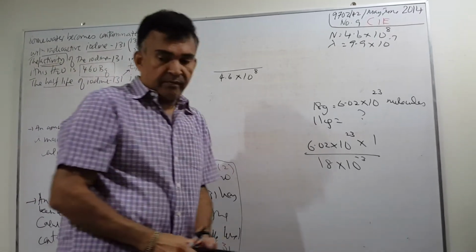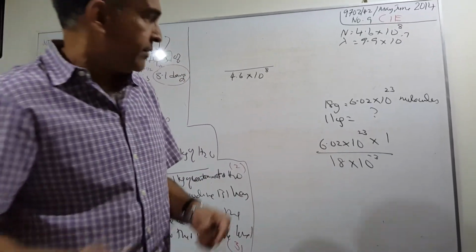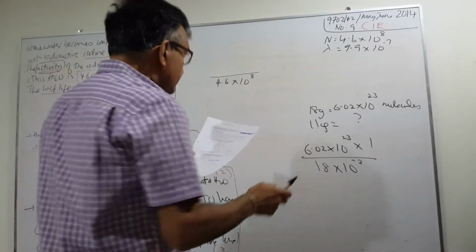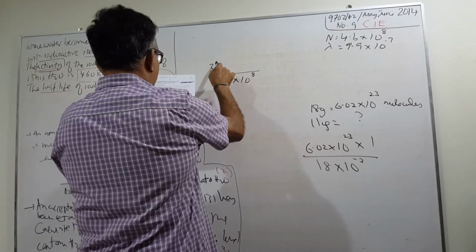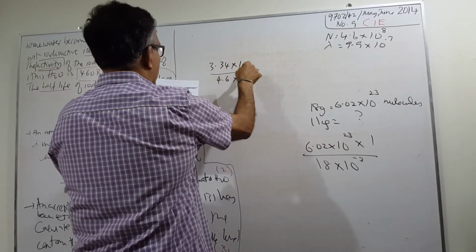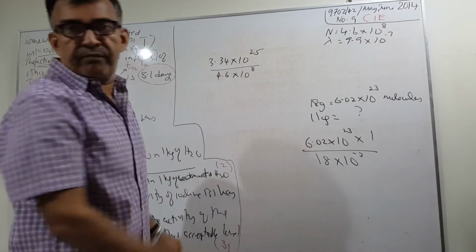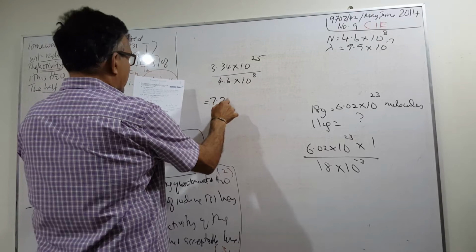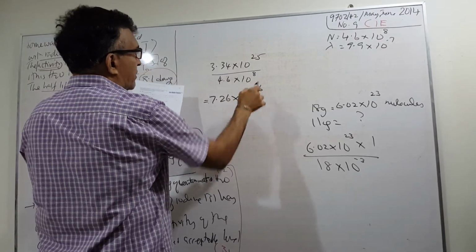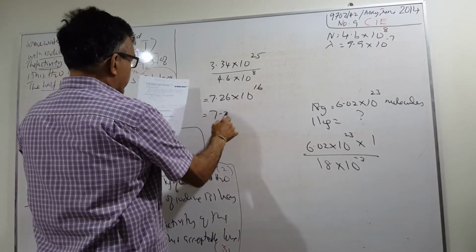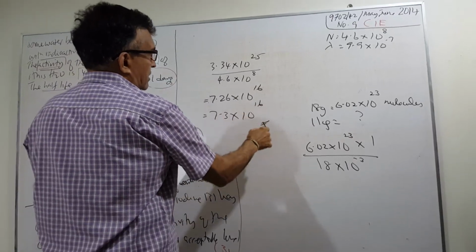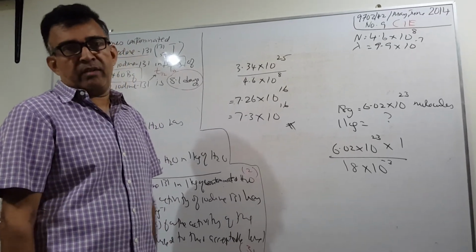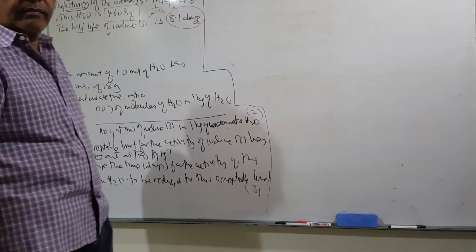When you work this out with a calculator, that number comes out as 3.34 times 10 to the power of 25. Use a calculator and you'll get your final answer, 7.26 times 10 to the power of 16, or just 7.3 times 10 to the power of 16, and we are done.